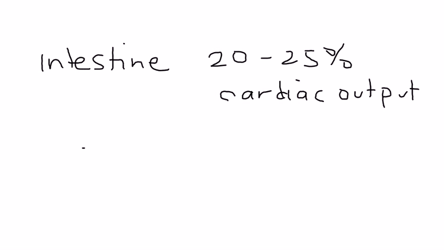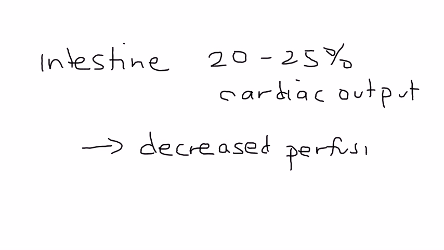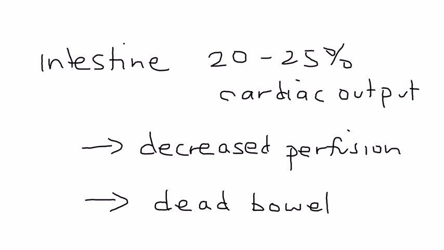So anytime there's any decreased perfusion to the intestine, this is very significant in terms of its consequences. And most seriously, it can eventually lead to dead bowel if the intestine doesn't get enough blood supply. And this essentially is necrosis.